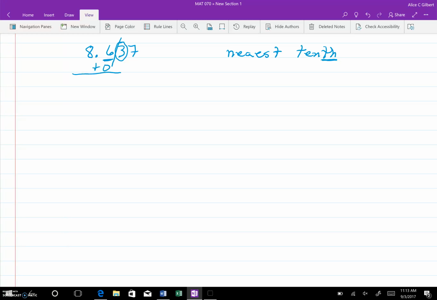And so then this is 6 plus 0 is 6. Remember my decimal point. 8 plus 0 is 8. And this is my rounded number. Remember, we get rid of anything to the right of the line that we have put there when it's decimals.